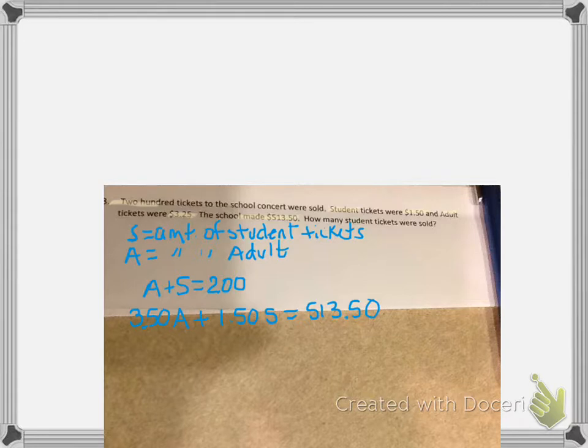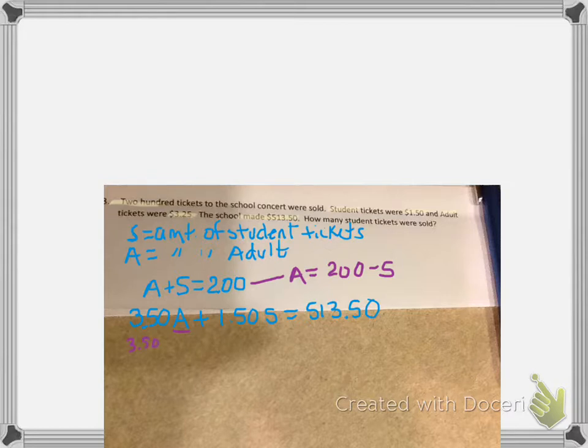So now that I have two equations, I can either use substitution or elimination. I'm going to go ahead and use substitution. I'm going to take this equation, alter it, and say A is equal to 200 minus S. Now I'm going to go into my equation and put that right where the A is.